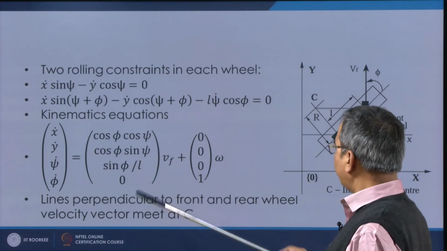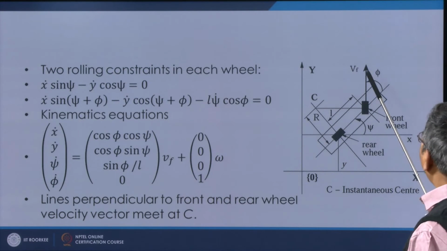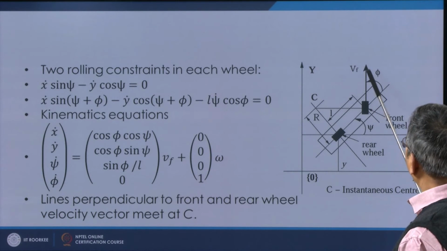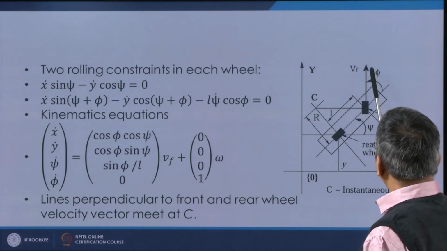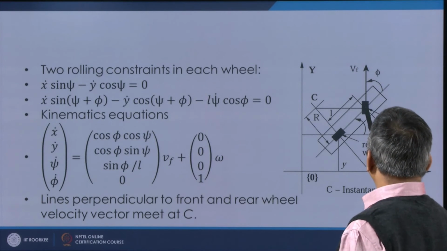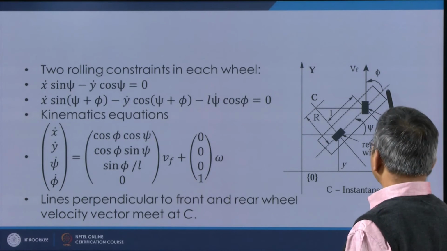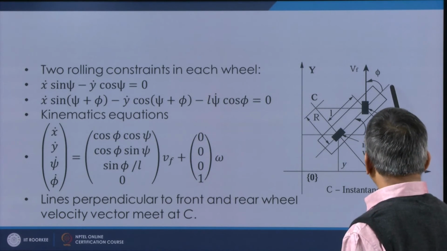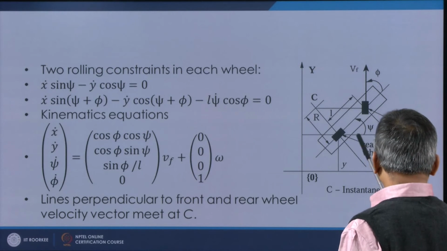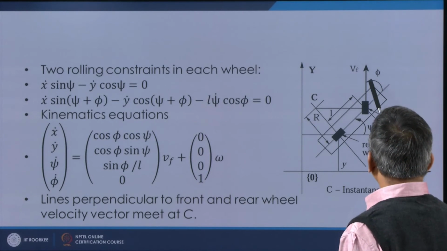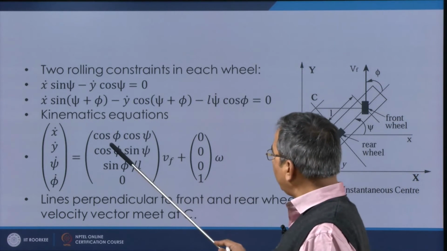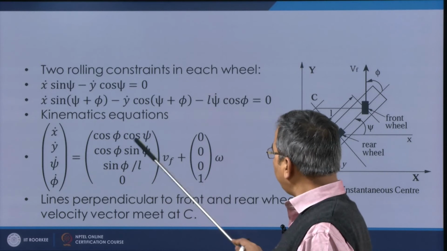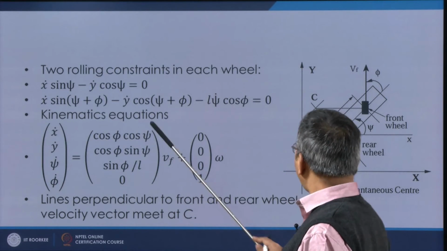And the kinematic equation for this can be written like this. Basically, here Vf is the velocity of the front wheel. So, I can find out its component in the direction of the wheel axis. So, this will be Vf cos phi, and of course, this Vf cos phi I can resolve in the x direction. So, that will be Vf cos phi and cos psi. So, here we have got x dot as Vf cos phi cos psi.